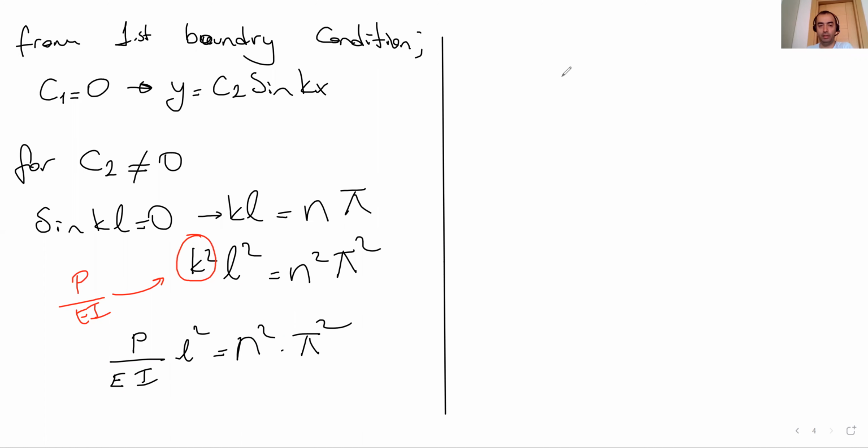From here, if we get P from this equation, P is n square pi square EI over L square.